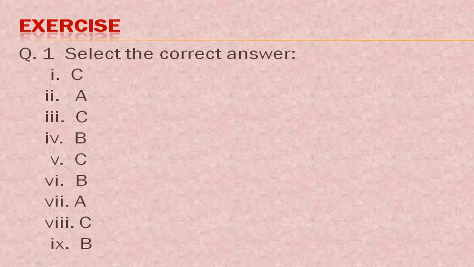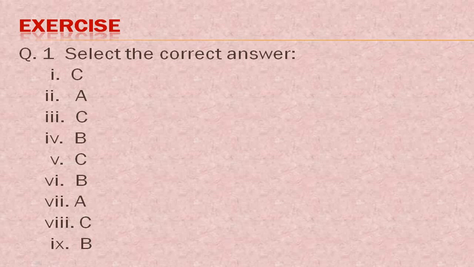Number 7. On removal of the pancreas, the compound which remains undigested is protein, fat, glucose, or lactose. It is A, protein. Remember, pancreatic juice consists of many types of proteolytic enzymes, which are responsible for the final digestion or breakdown of proteins. Number 8.